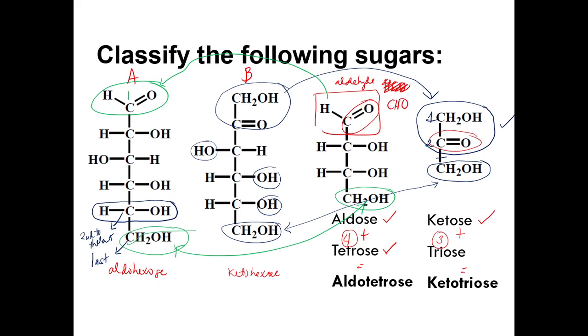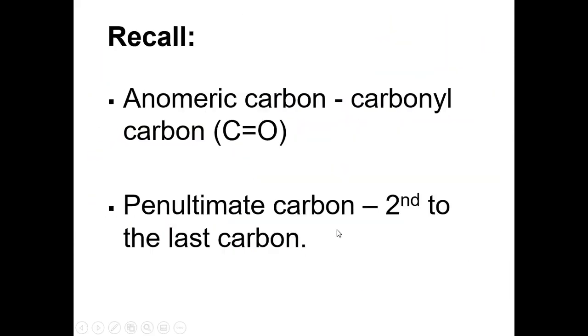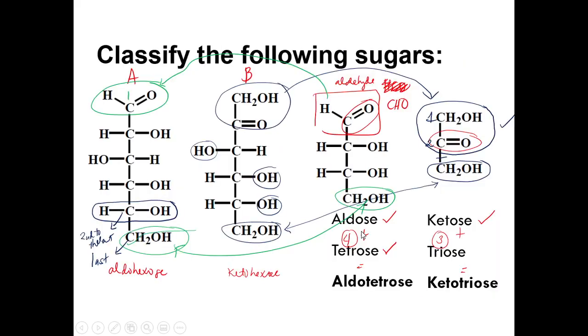Also, we classify these sugars and merge the information. So it's an aldotetrose, it's a ketotriose. Meaning an aldotetrose has an aldehyde group in the terminal carbon, and it is made up of four carbons.